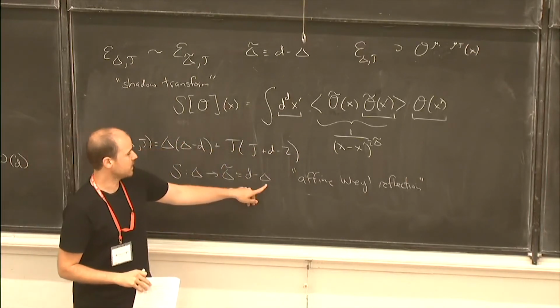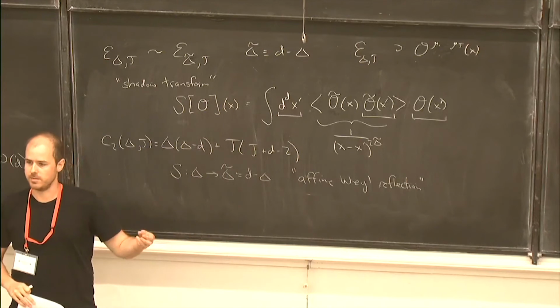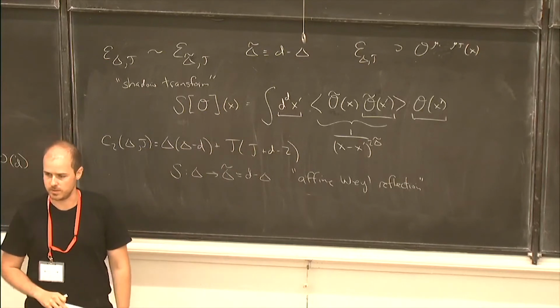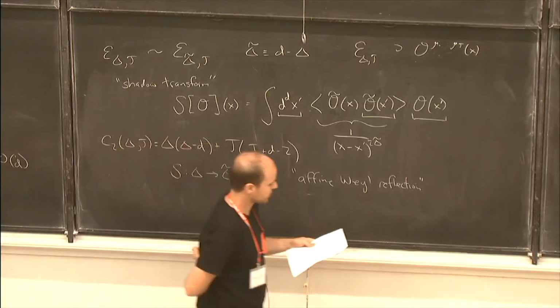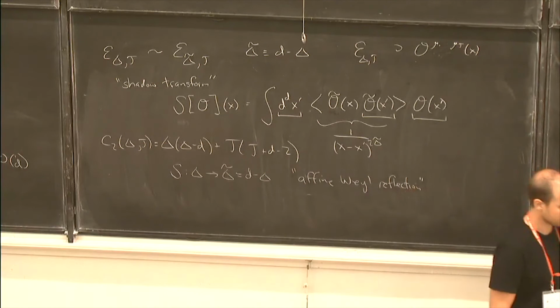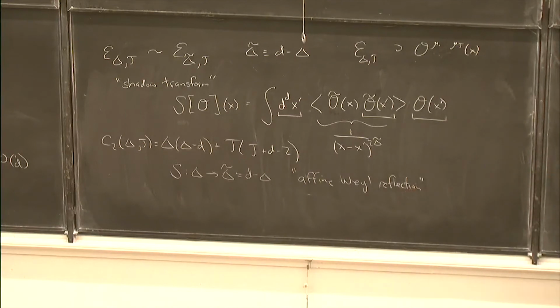The weight would just be delta, but you have some shift. You're reflecting around a non-zero point. I think that's where it comes from. Maybe it has other meanings. Okay. Good. Other questions?